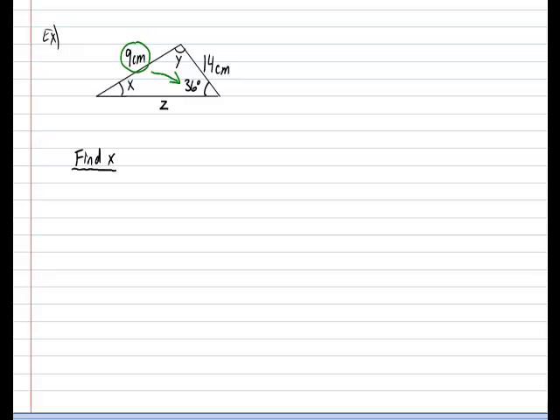So I set up my ratio as 9 over sine of 36.